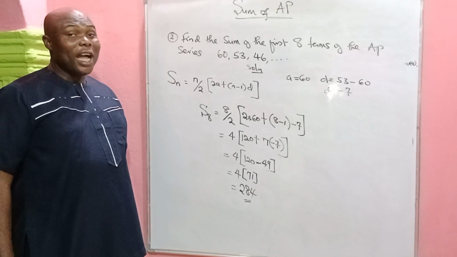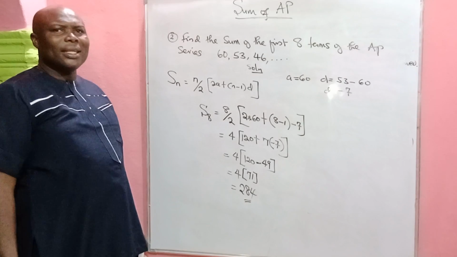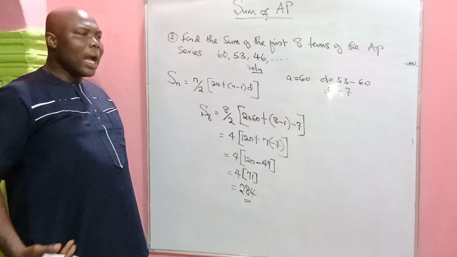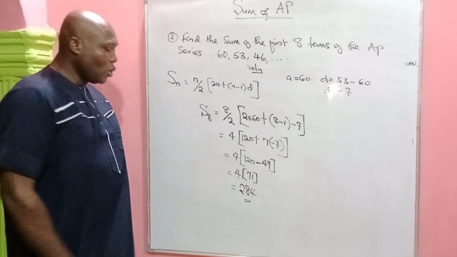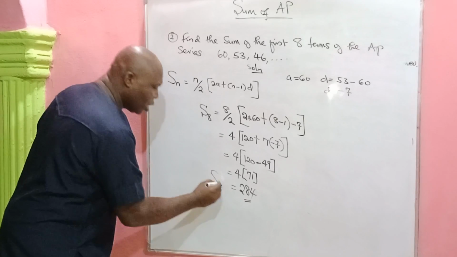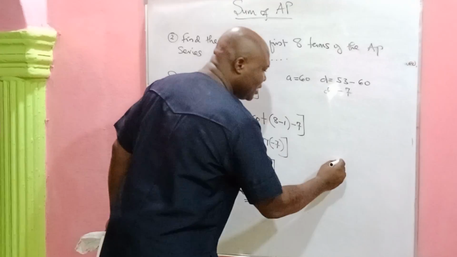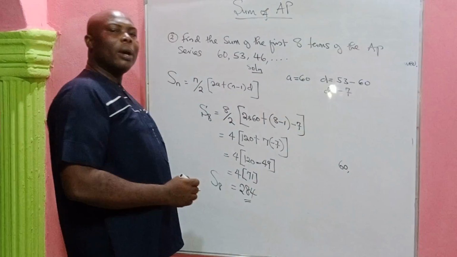How do we know if actually that's the truth? You can bring out the terms of that AP series. You can bring them out and see if really the sum of the first 8 terms will give you that. Alright, so we'll be given the first term as 60. The common difference is 7.